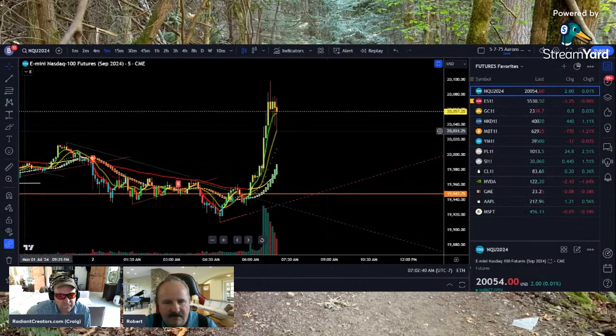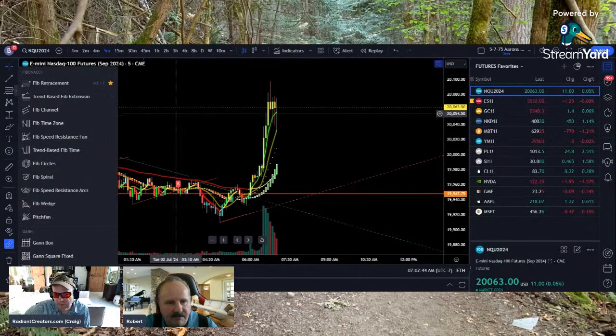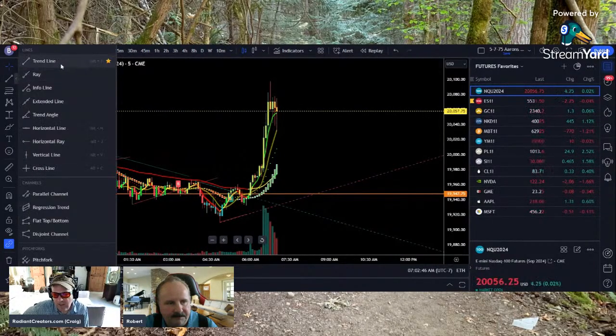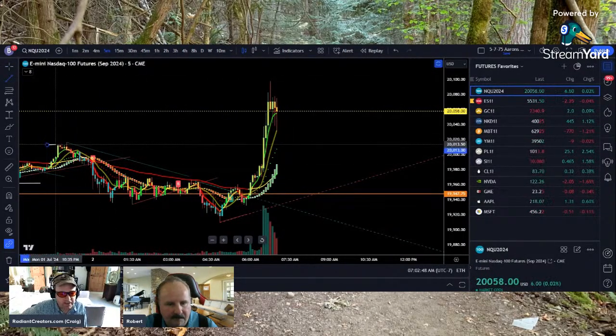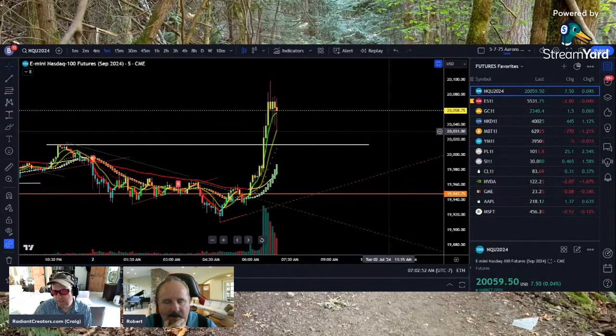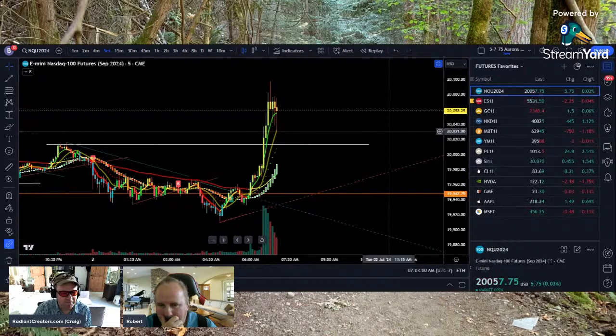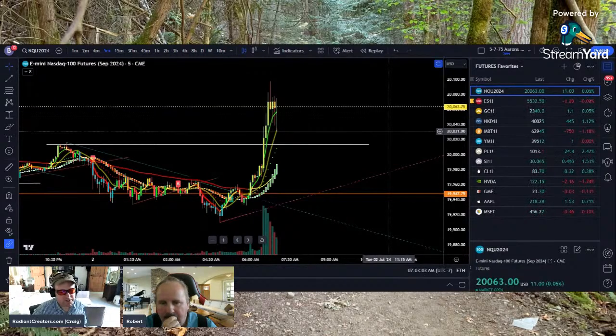It's definitely flirting with the 5 moving average, and it wicked to the 10. But the indicators aren't really rolling over on the 5-minute chart, so it's not too much of an extreme. So yeah, it's a precarious situation.